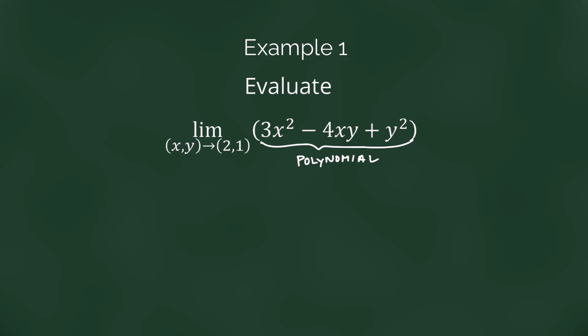And just like for single variable functions, for polynomials, the limits can be done just by straight substitution. So this limit is going to be given by 3 times our x value squared minus 4 times our x value times our y value plus our y value squared. So we get 12 minus 8 plus 1, which is 5.